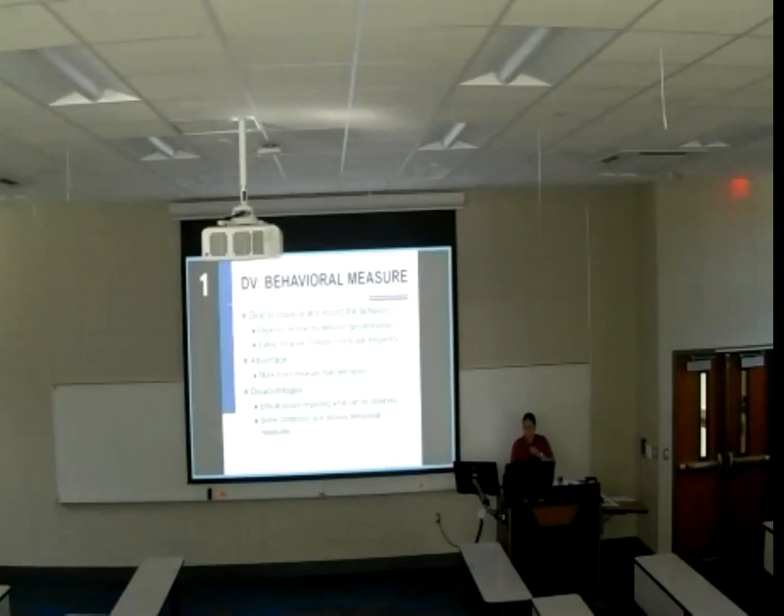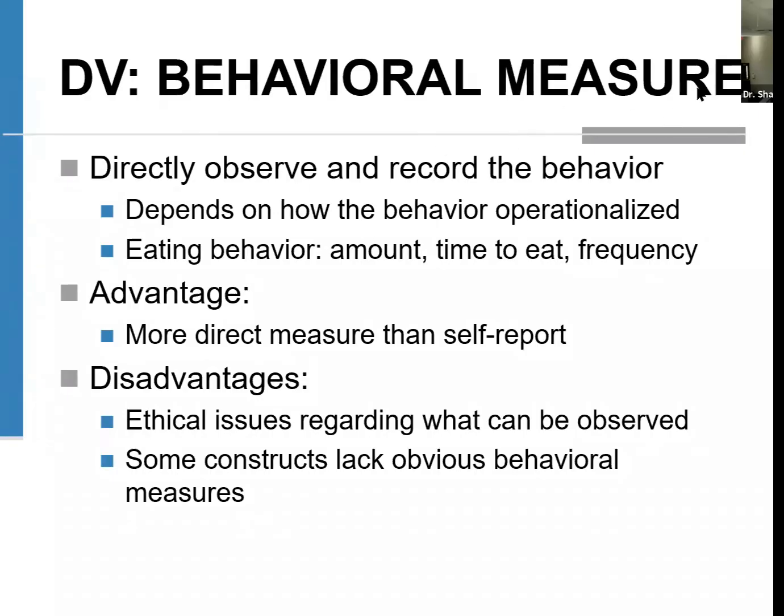The problem with a behavioral measure is that there are ethical issues regarding what can and cannot be observed. So let's go back to our example. How ethical of me would it be if I monitor this one couple, right? And by monitor, I mean record and things of that nature. How ethical would that be if I get involved in their private, marital life, home life?